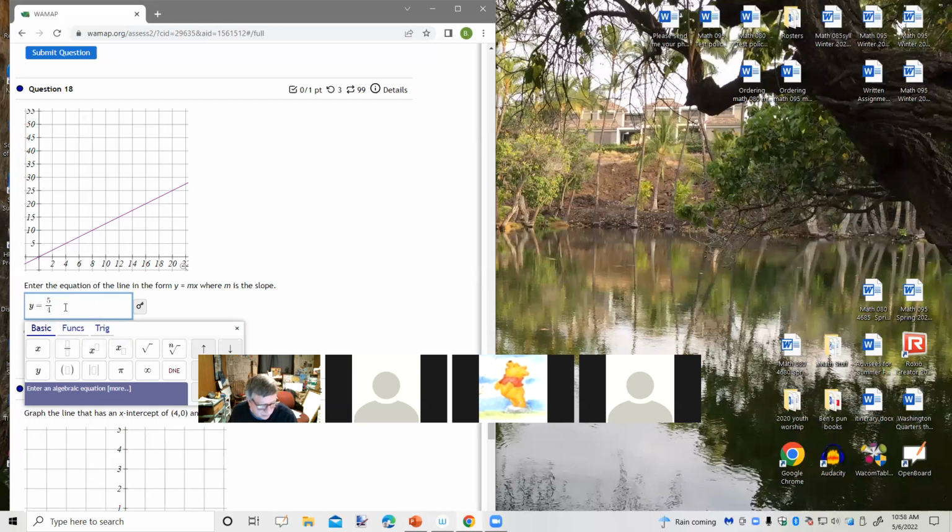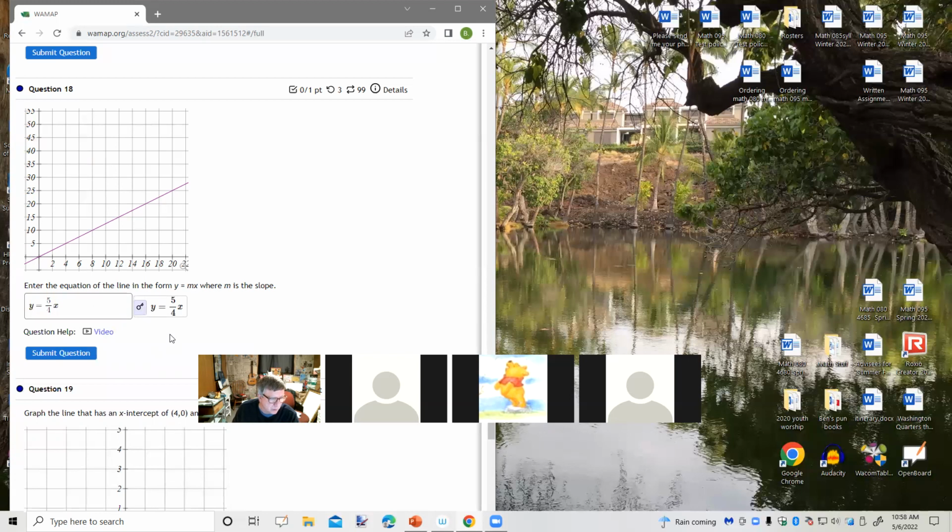Actually, I'll use the mouse and move the cursor out there. There's my x. And then it would be what? +0, but I don't need to put the +0. So I just say, whoops, went too far there. Y equals 5/4 x. Let's see what they did. Yeah, they didn't put a +0 because that's just kind of fluff. You don't need the +0 there, right?